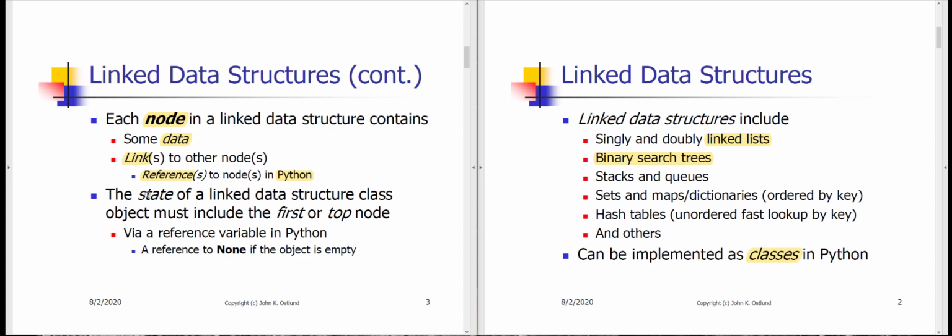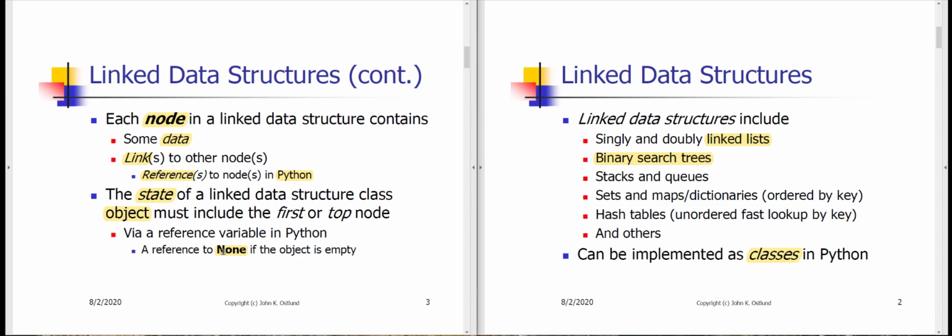All right, so part of the state of some linked data structure object has to be a reference to the first node or the topmost node in this linked collection of nodes. If that reference to the first or topmost node in the linked data structure is None, that implies that the data structure is empty.